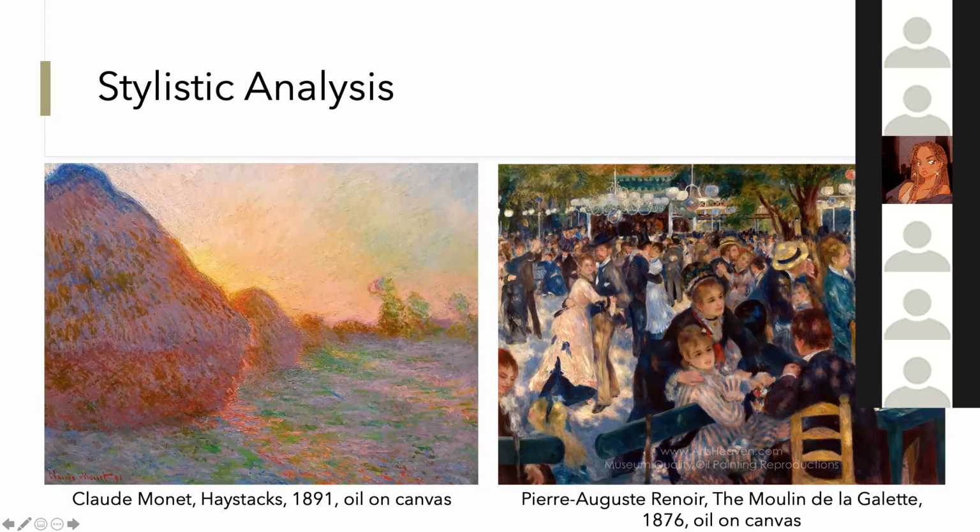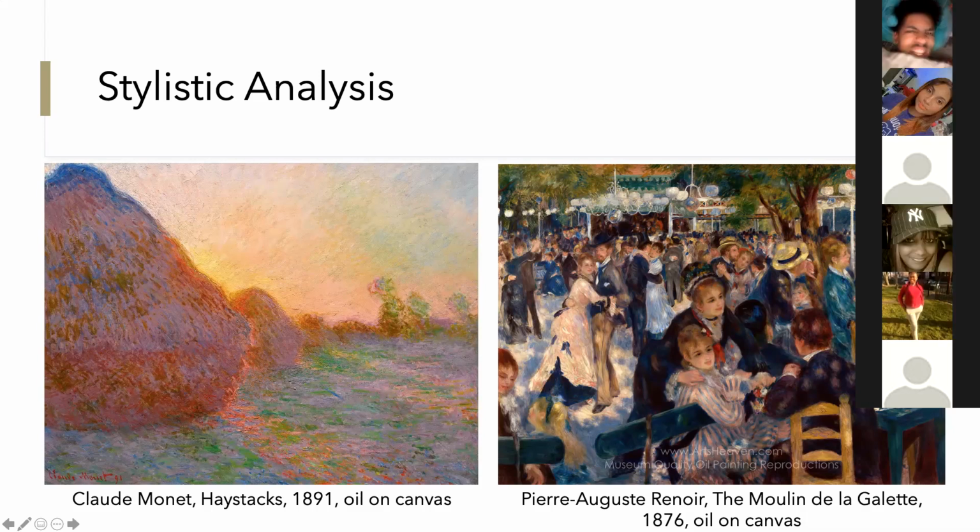Maybe the color looks a little similar. The color, blotchiness. Yes, very good. The color, because these two artists depict the lighting in the scene, so that's why the color looks similar.